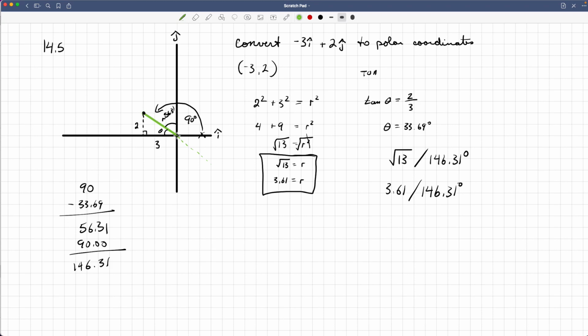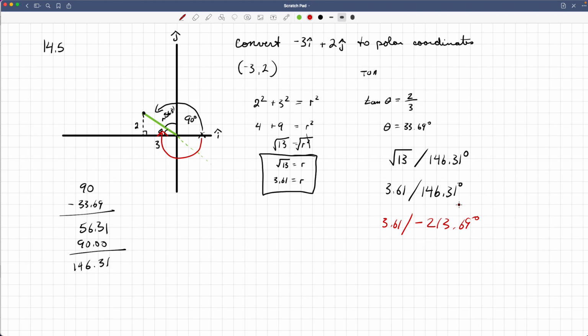It's not going backwards. If, on the other hand, let me use red to show you, we measured from this way around, then that would be written with the inverse degree here, and it would be negative. And that would be written 3.61 negative 140, or I'm sorry, it wouldn't be negative 146, it'd be negative 213.69 degrees, because 146.31 and 213.69 is equal to 360.